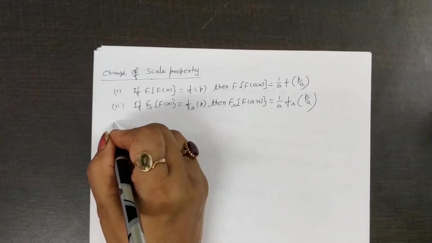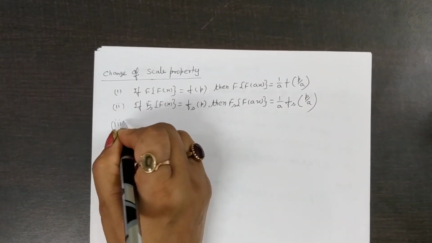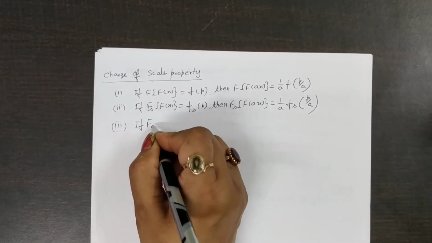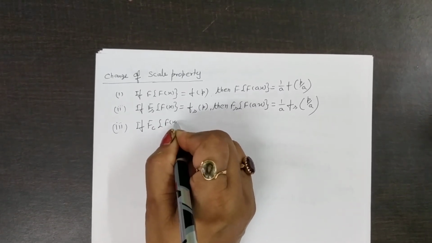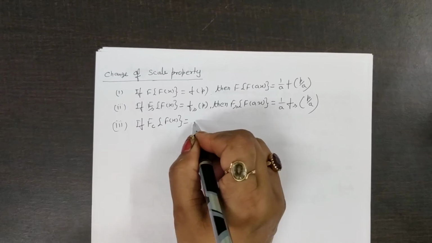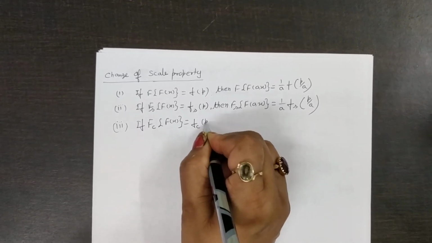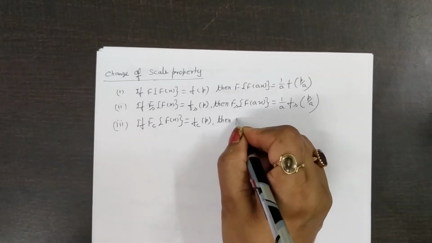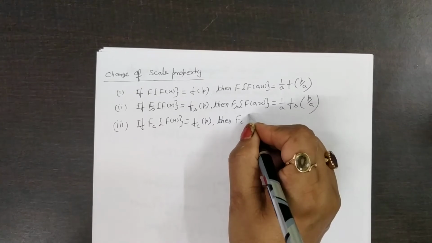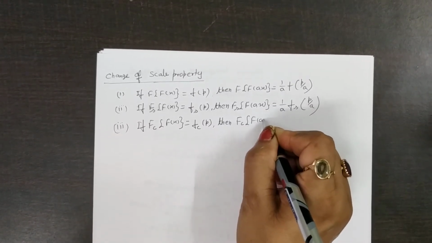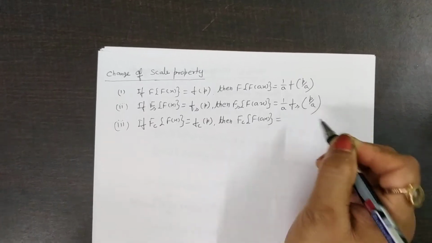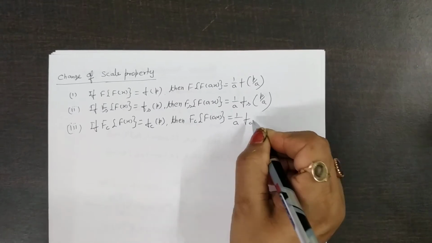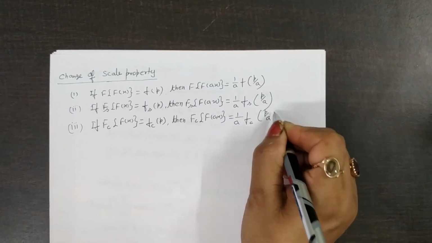Now the next property is for the cosine transform. If F_c of f(x) is equal to F_c(p), then F_c of f(ax) is equal to 1 by a F_c of p by a.